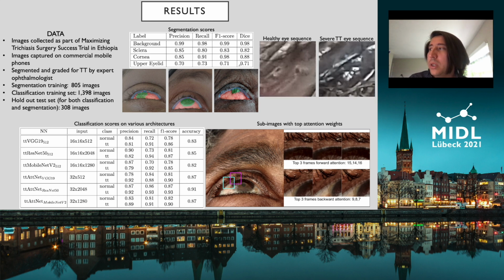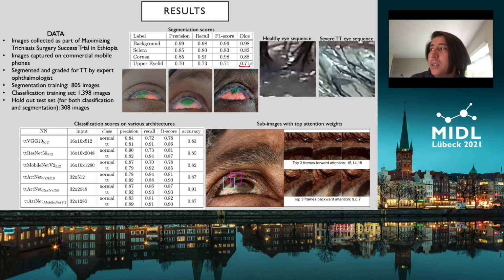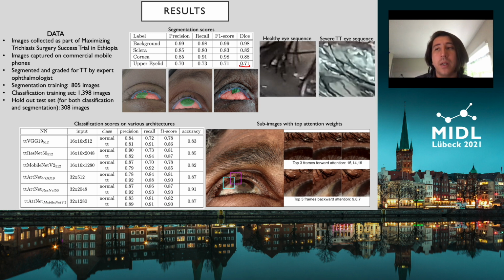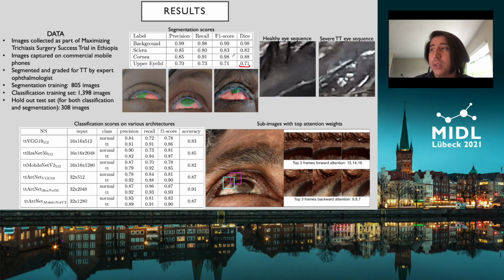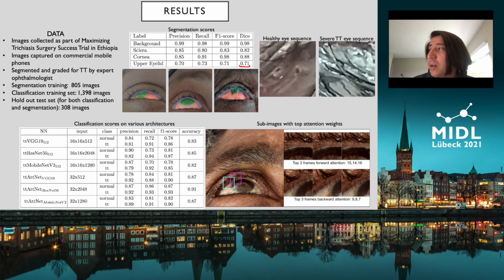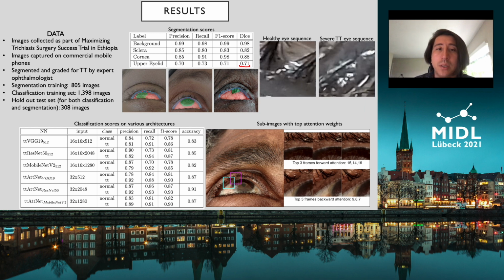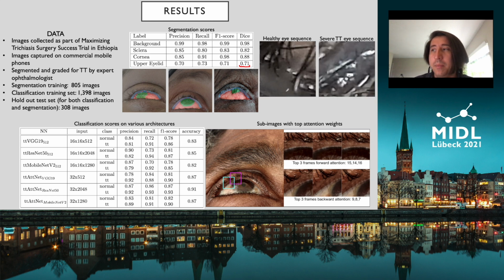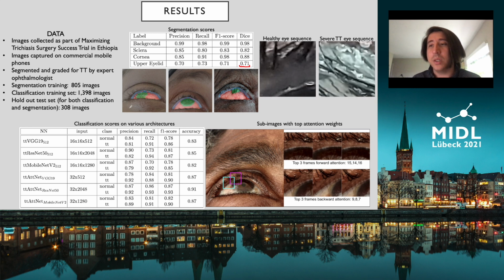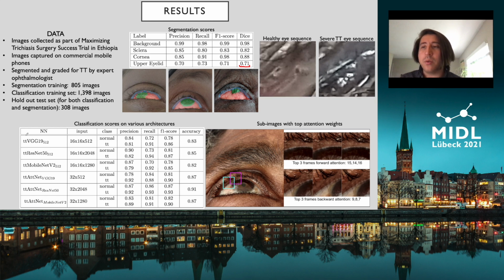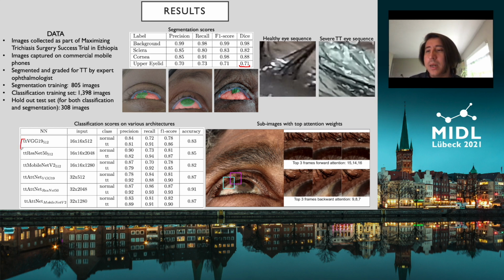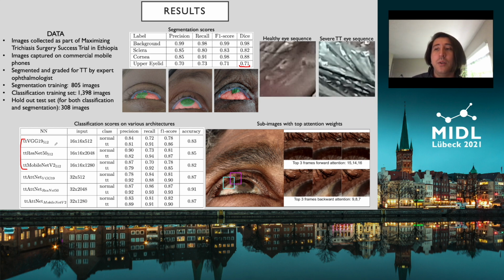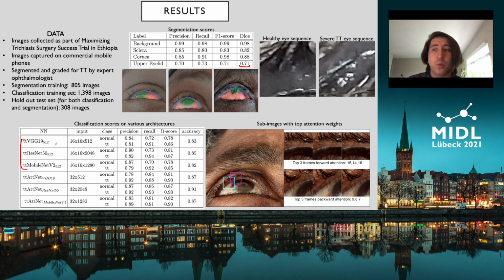Although, as we can see here, the dice score for the upper eyelid is low, it is enough to produce better classification results than other approaches that we tested. Here is an example of how the image sequences look like that are analyzed by our gated recurrent unit neural network. The first three rows here are simply using known architectures, but using images resampled to 512.